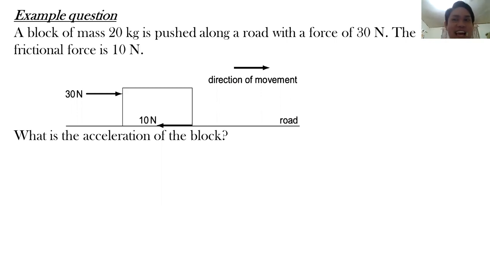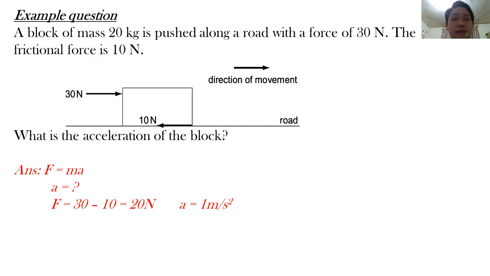Do you have an idea? Okay, so I guess you have an idea. Let's now proceed to our solution. We will be applying Newton's second law of motion, or its equation, which is F is equal to ma, where acceleration is directly proportional to your force. We're looking for your acceleration.